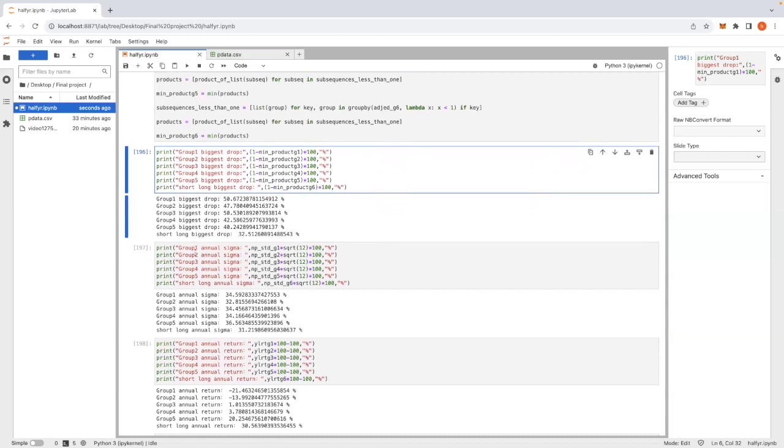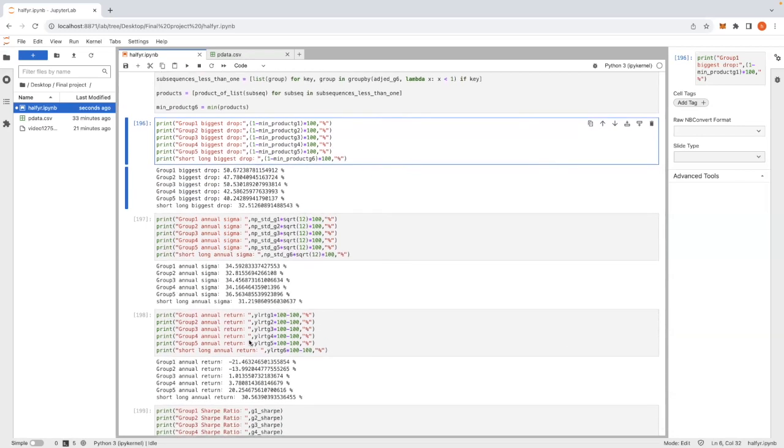I also calculate the annual volatility. Group 1 is at 34%, and the short-long is 31%, a little bit lower.